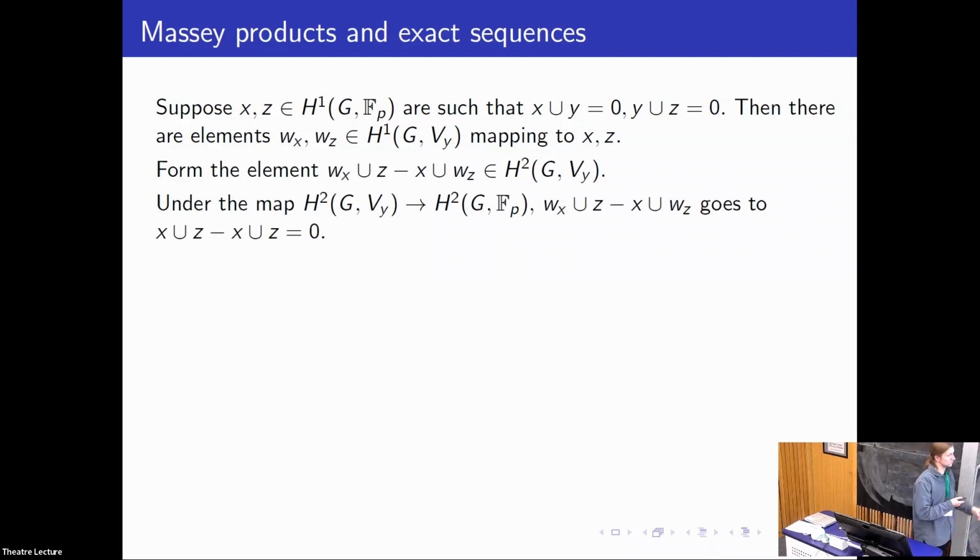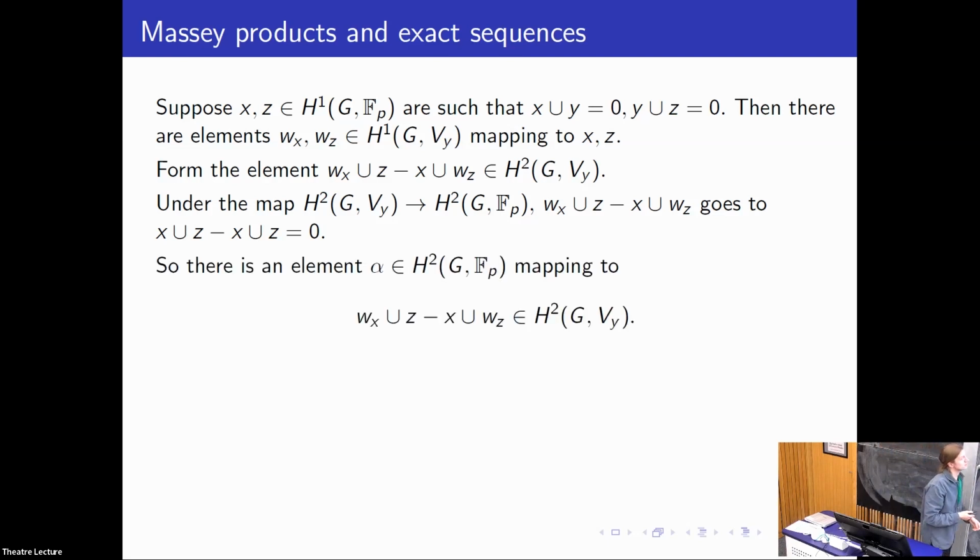What happens if I take this class and map it into here? Well, w_x cup z minus x cup w_z goes under this map to x cup z minus x cup z, which is 0. By exactness, there is an element alpha in H^2(G, F_p) which maps to this class.